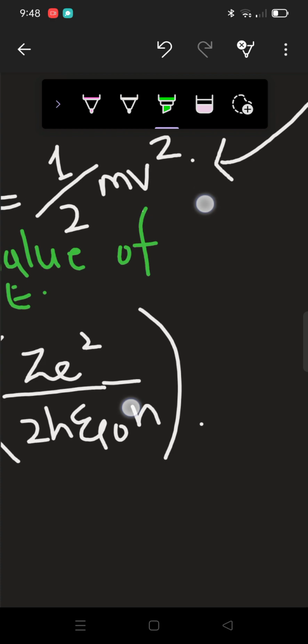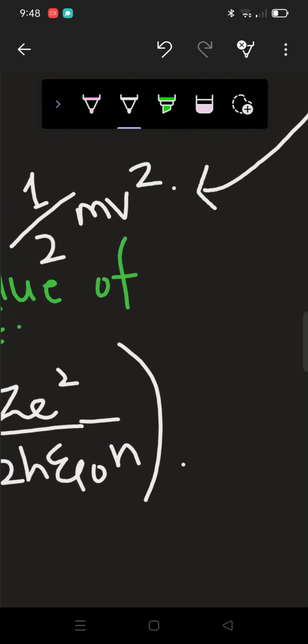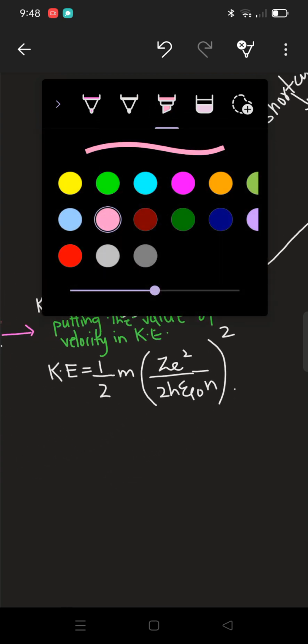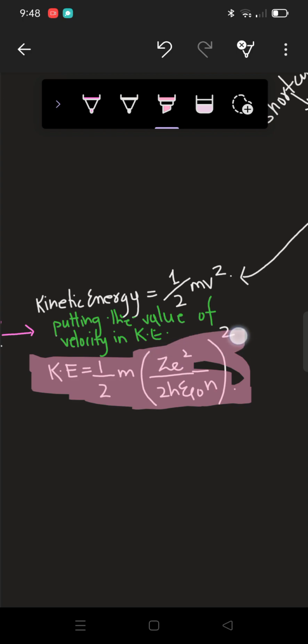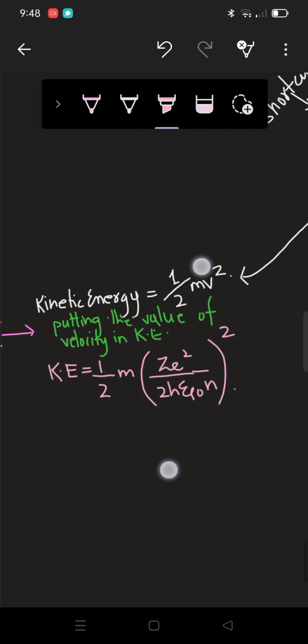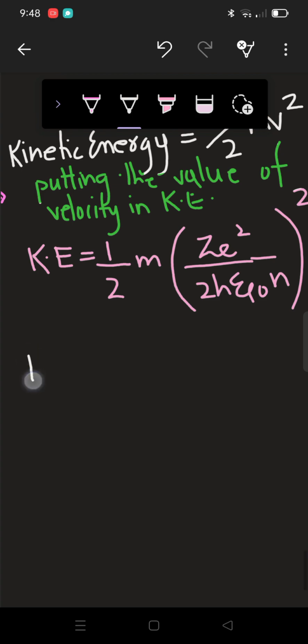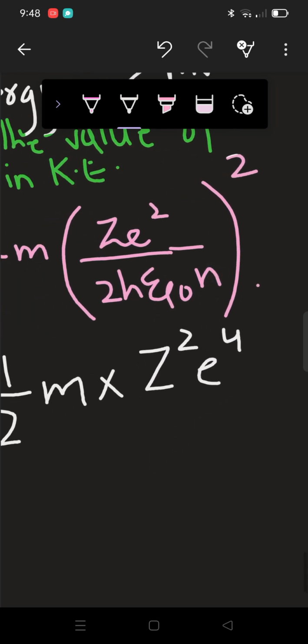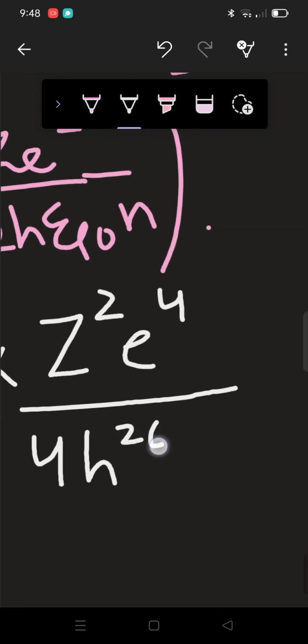Now as you can see, v has a square, so we need to take the square of this entire value. If I take the square of this, we get z square e power 4 upon 2 square is 4, h square epsilon naught square and n square.